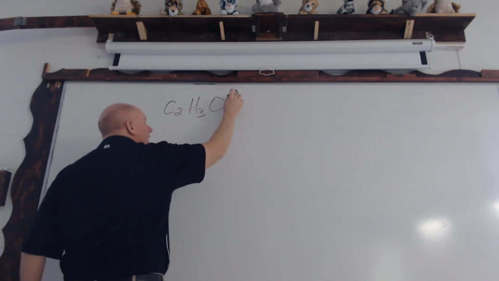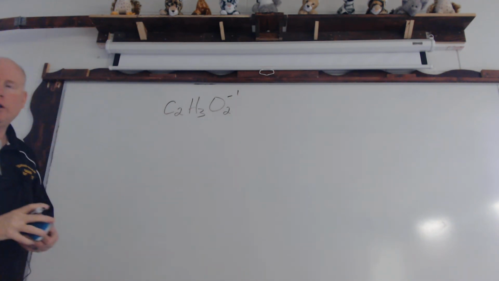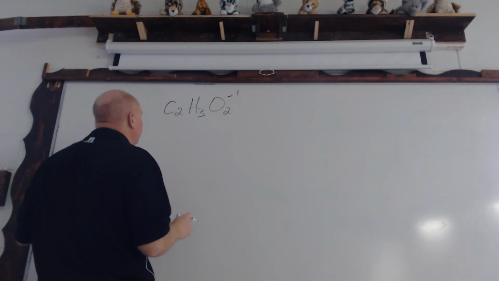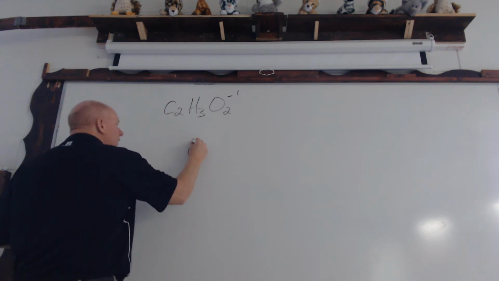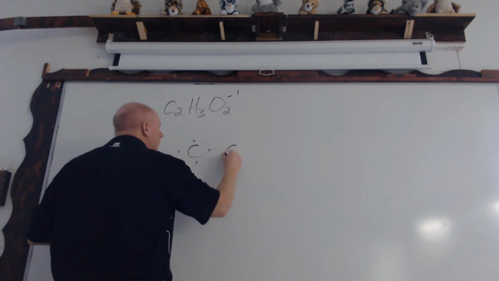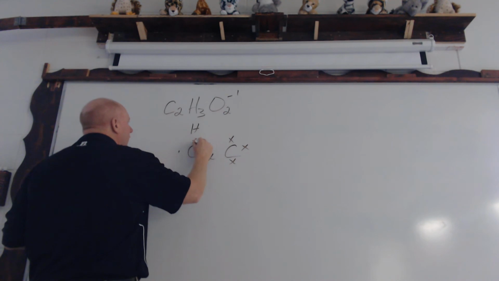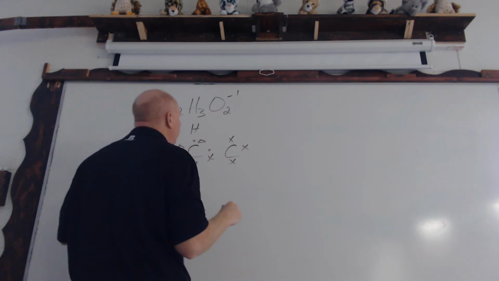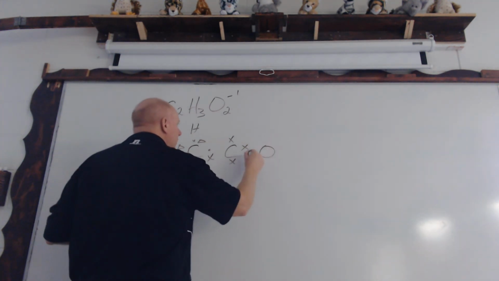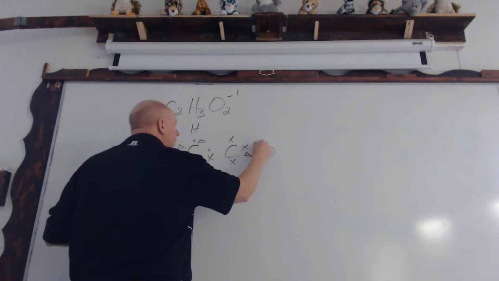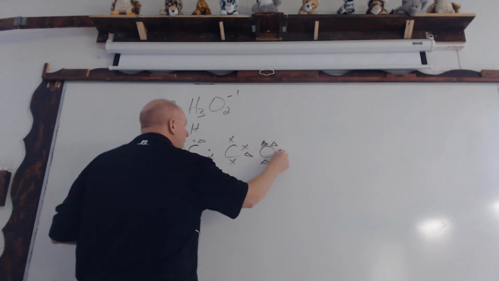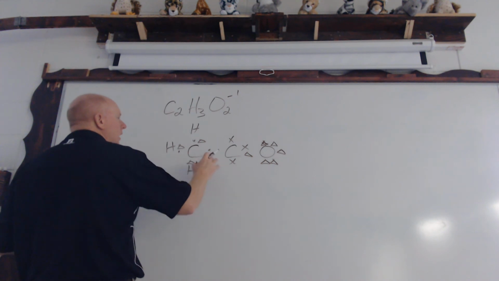So again, when that negative charge pops up there, that's telling you that you've got one more electron than what you would actually have. So if we try single bonds again, okay, and then if we try putting an oxygen here, and then we have another oxygen.